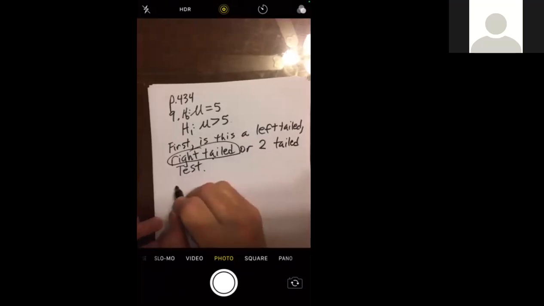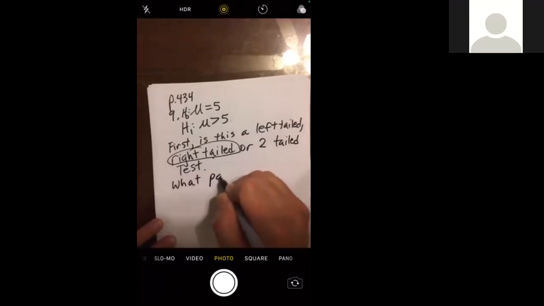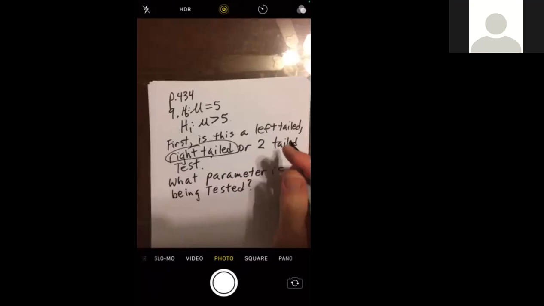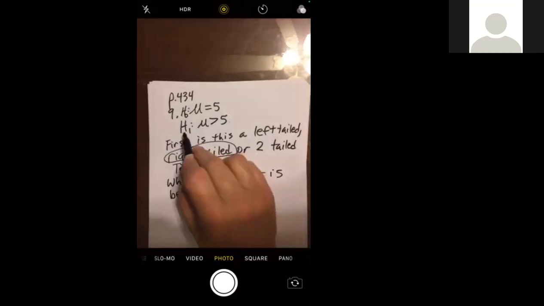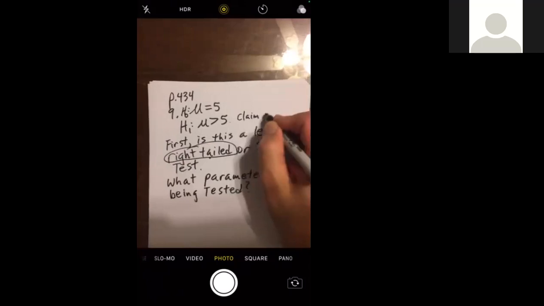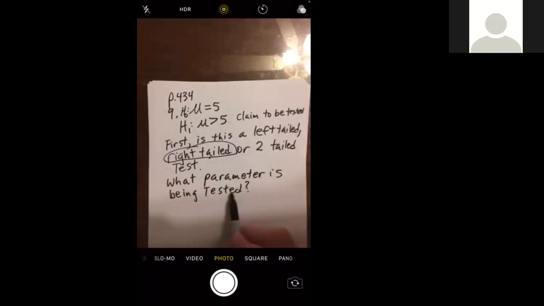Now, they also ask what parameter is being tested. This is incredibly difficult. Remember the definition of alternative. This is the claim to be tested. So what parameter is being tested?